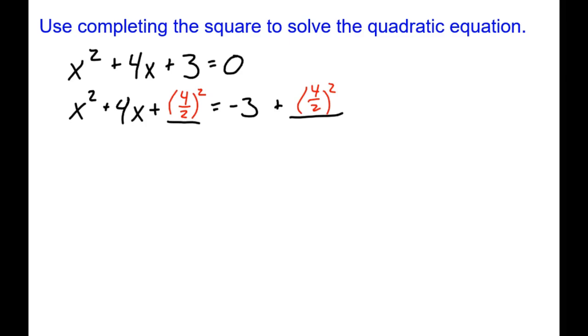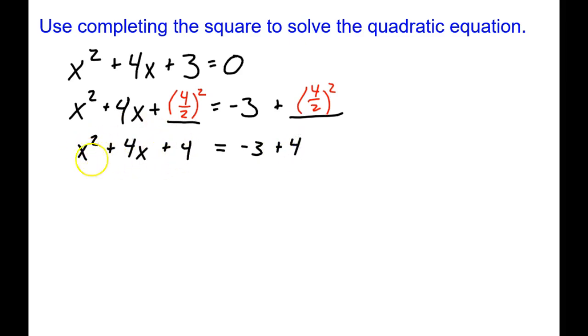Before we move on to the next step, factoring, we're going to simplify this expression. So on the left side, we have x squared plus 4x. And if we simplify this, 4 divided by 2 is 2, 2 squared. We're just adding a value of 4 here, equal to negative 3 plus 4 here.